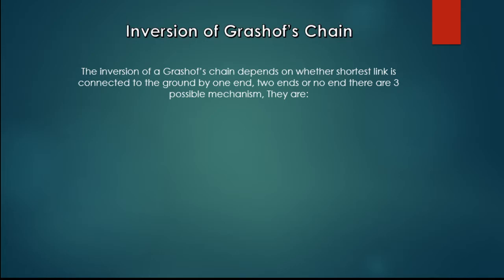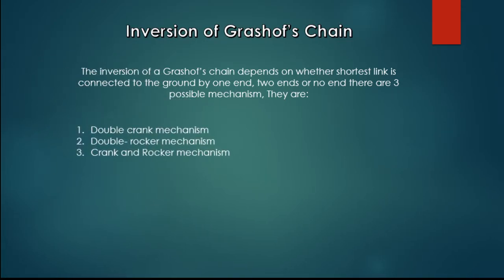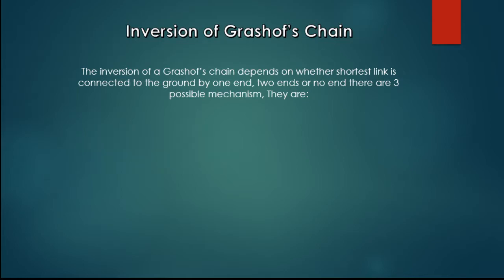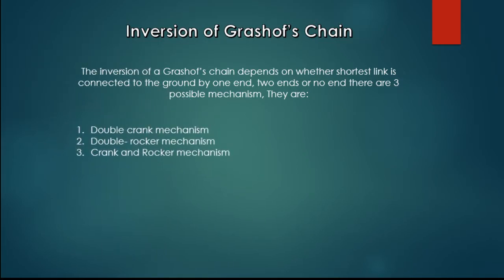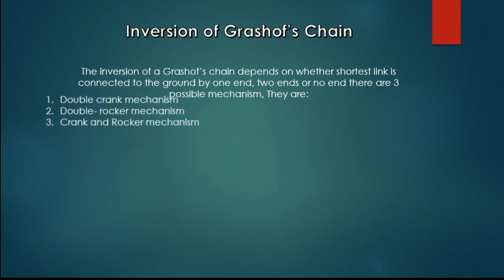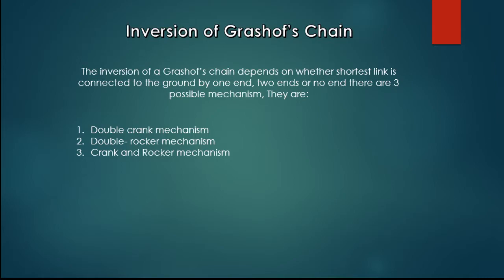There are three possible mechanisms: the double crank mechanism, double rocker mechanism, and crank and rocker mechanism. These are the examples of Grashof's chains. The inversions depend on the location of the shortest link, which is the reference, so different positions give the input link its own unique motions.